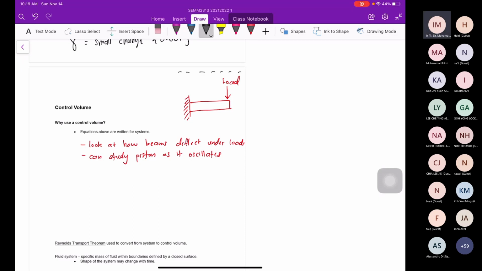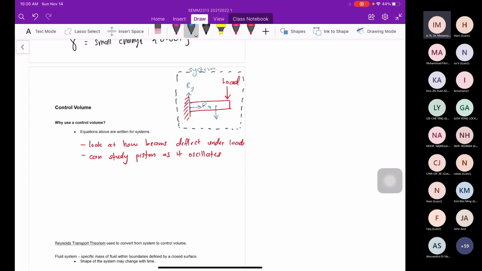The system consists of all of this. It consists of the beam, the reaction forces, which are Ry and Rx, and the weight of the beam. All this is called a system.